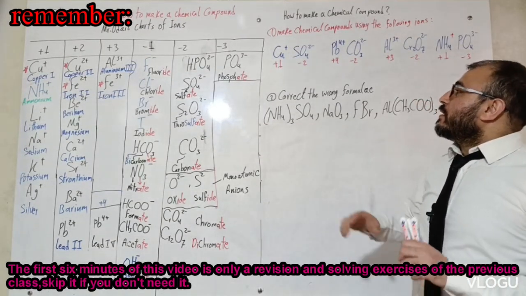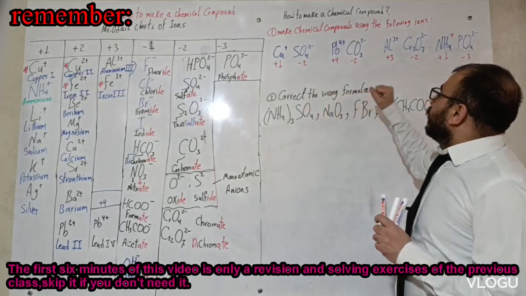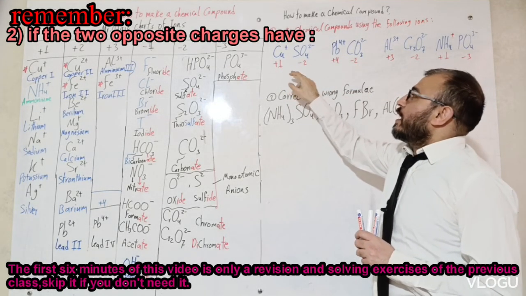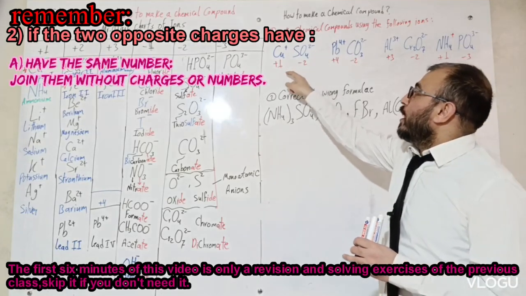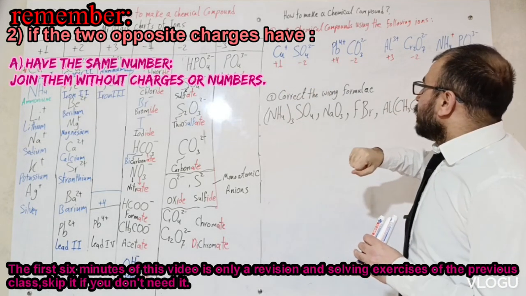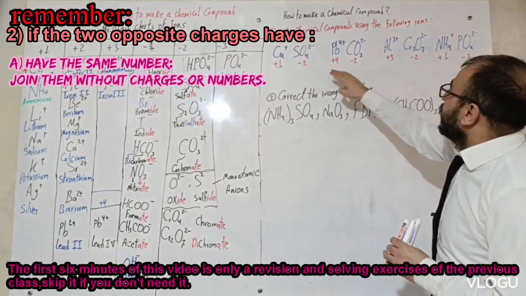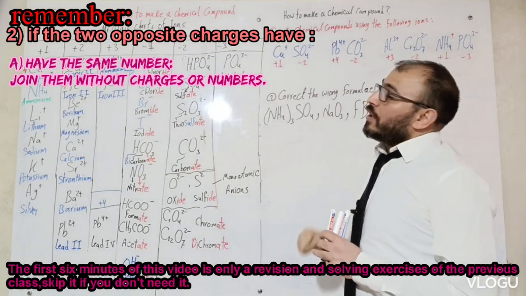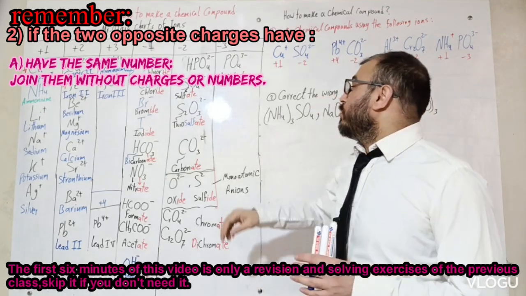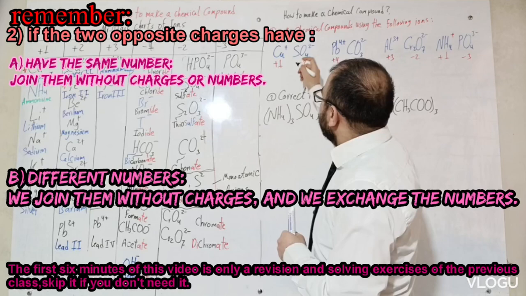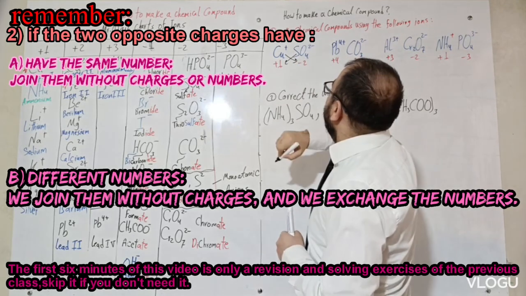Rule number 2, as you know, we said that if the two charges or the two numbers are the same, we join them into one formula without looking at the numbers or charges. Here we don't have any similar charges. And the situation number 2, if they are different, I should cross multiply them.